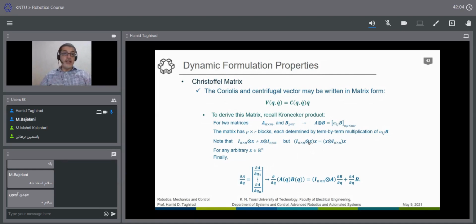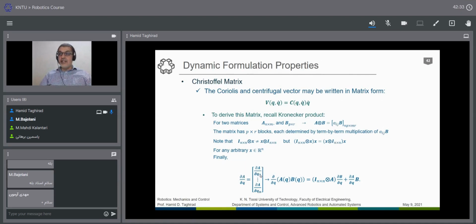This can be seen in any algebra book. You can find the proof in here. But what I would like to use, especially for the V term, is a partial derivative of A, a matrix, with respect to Q, which is a vector form in this case.